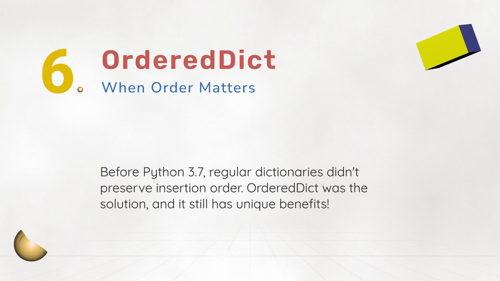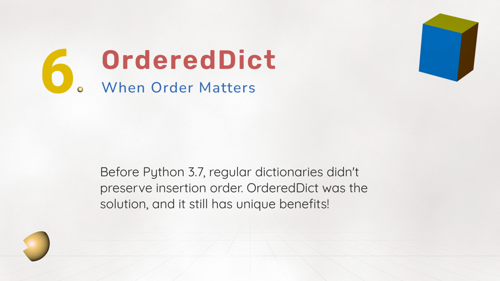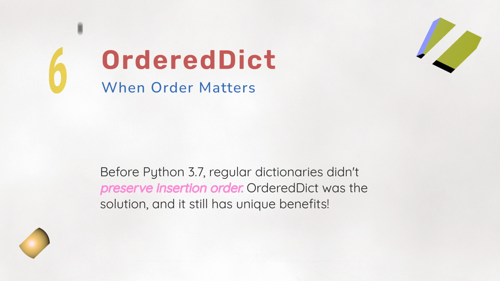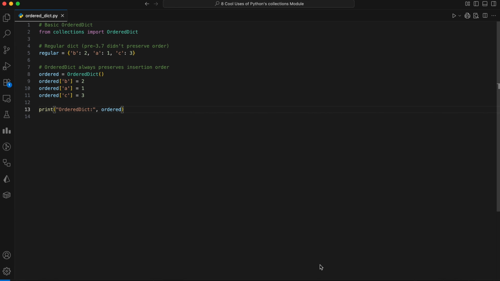Before Python 3.7, regular dictionaries didn't preserve insertion order. OrderedDict was the solution, and it still has unique benefits. Here in this code, we can see the key difference between a standard dictionary and an OrderedDict from the collections module. Before Python 3.7, regular dictionaries did not guarantee that the order of keys would be preserved, which could lead to unexpected behavior.